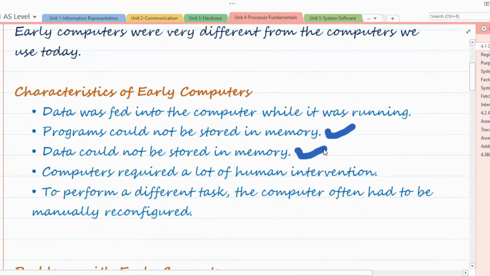Data couldn't be stored in the computer memory. They required a lot of human intervention, and to perform a particular task, the computer often had to be manually reconfigured. Very different from today's computers. So these were some of the characteristics of early computers.